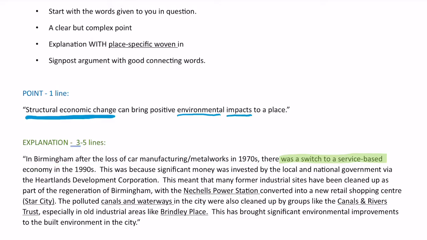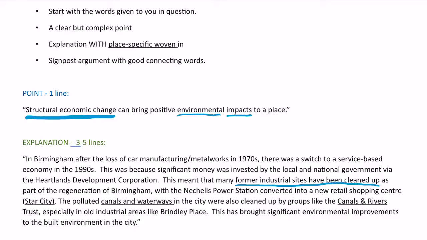So after that, what I start to do is explain this point I've made, that it has made positive environmental impacts. I've said that lots of money has been invested by the local and national government, and the key bit I'm talking about here is that there are former industrial sites that have been cleaned up as part of the regeneration.